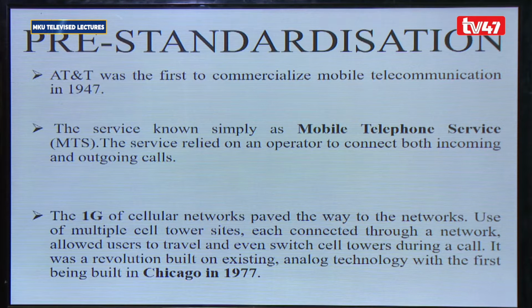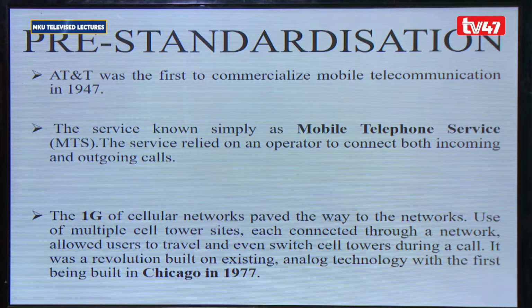cellular networks. That was in 1977 in Chicago. The 1G network paved the way where calls would be switched through towers, and you'd call via towers without the need of an operator.